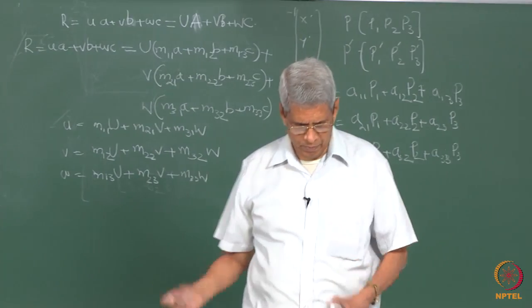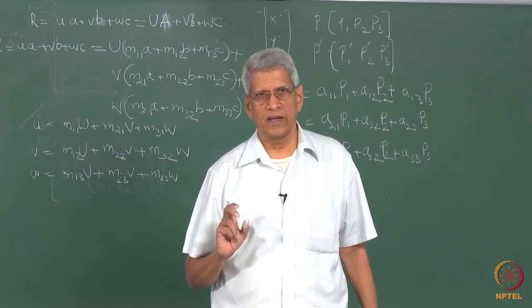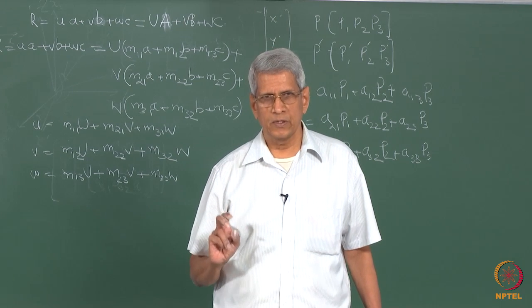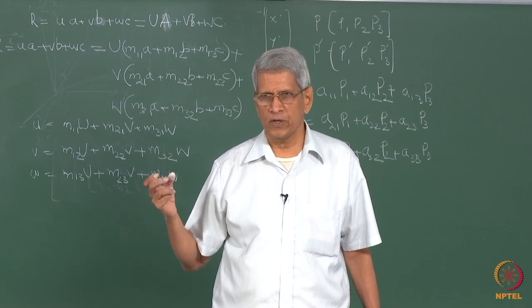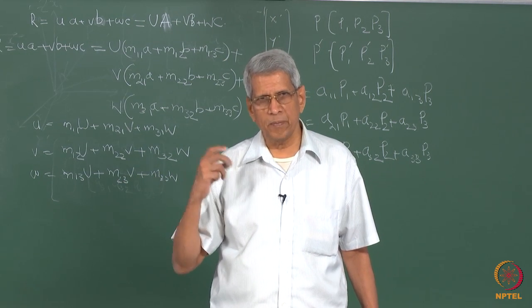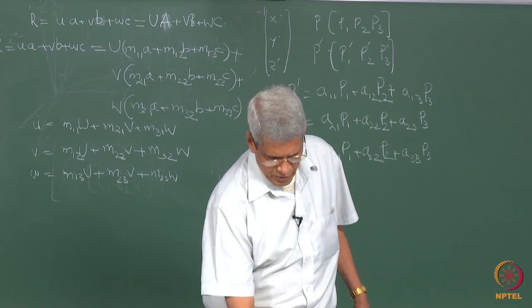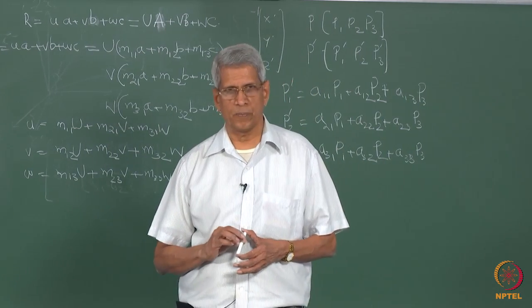So this relationship can be used to find out the indices of the directions. Suppose we know the indices of a direction in the new coordinate system, then we can find out the indices of the same direction in the old coordinate system, which we can write in this particular form also.